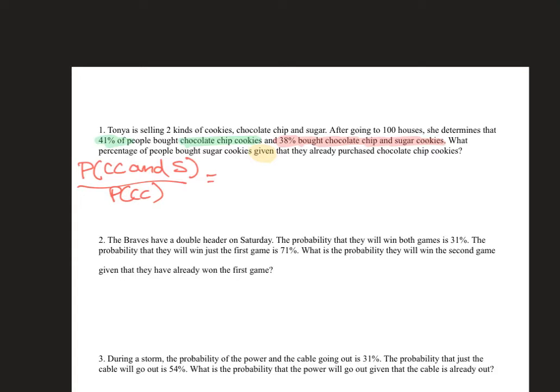Remember, change these percentages to probabilities. So 0.38 goes on the top because that is your AND statement, and 0.41 is your denominator. So 0.38 divided by 0.41 gives you 0.9.